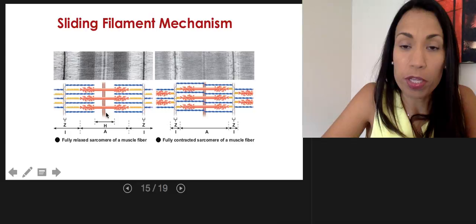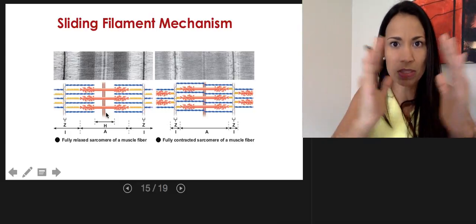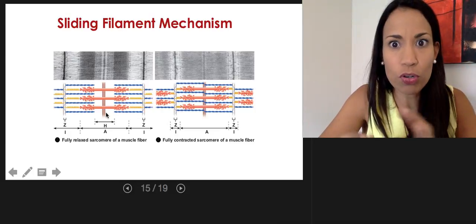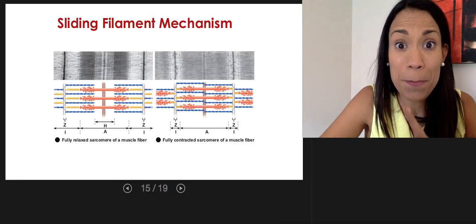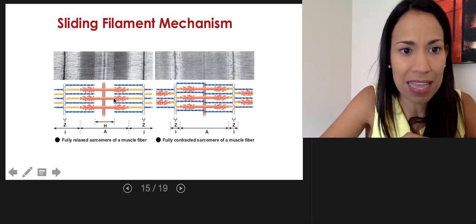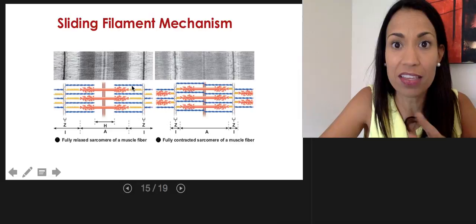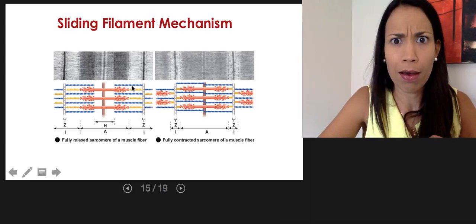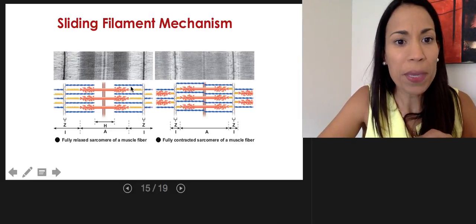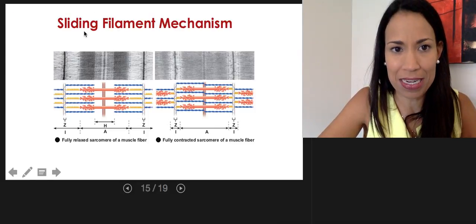The sarcomere shortens, of course, during muscle contraction. That's what shortens the entire muscle. But the myosin filament and the actin filament do not change their length. How come? Because this is called the sliding filament mechanism.